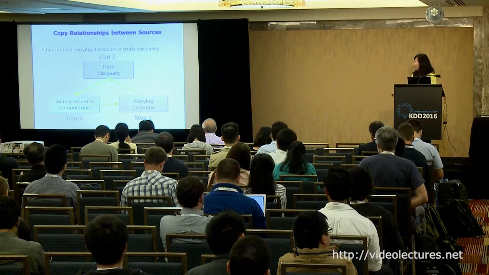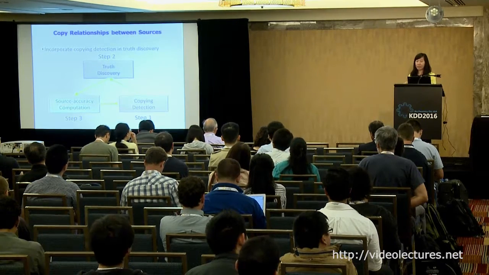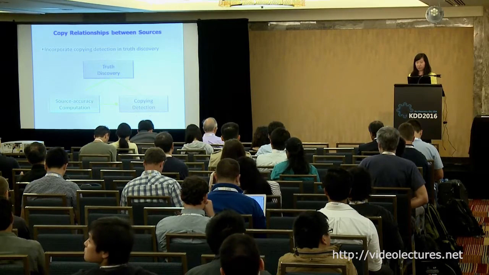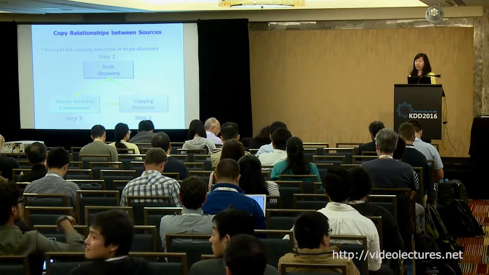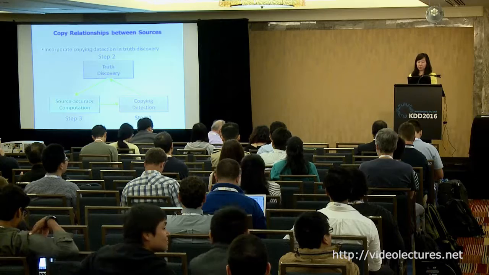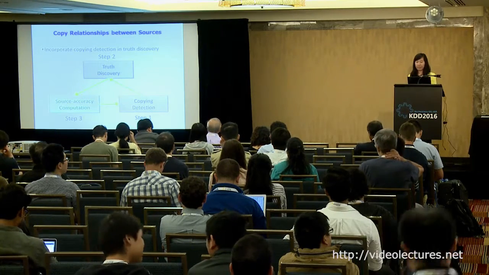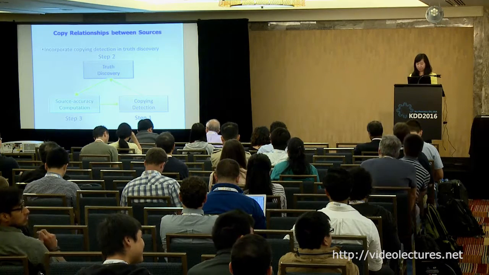At the copy detection step, you have already conducted truth discovery and source accuracy computation, so from the previous two steps you can derive copy detection based on these two intuitions. Then they go back to truth discovery and source accuracy computation, and conduct these three steps iteratively to derive the final results.